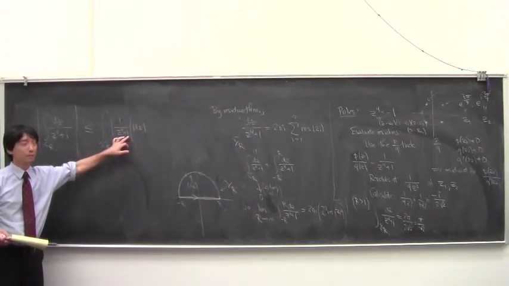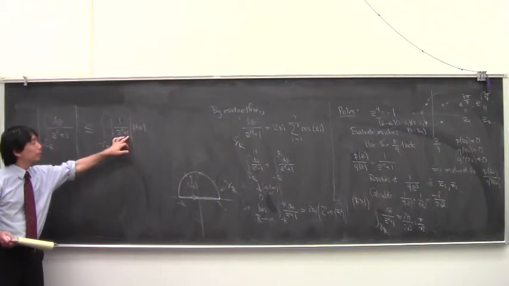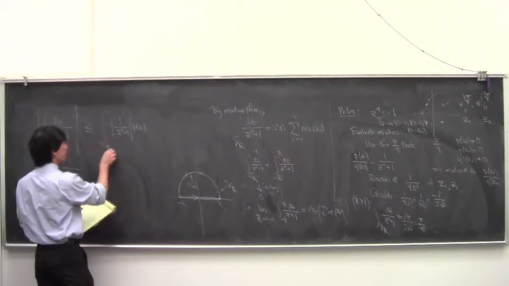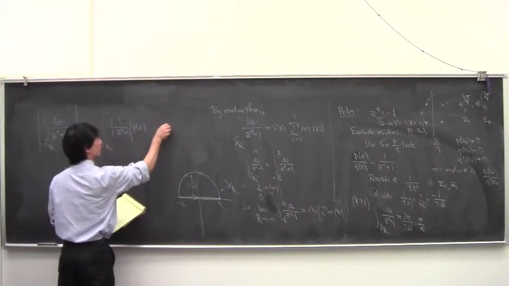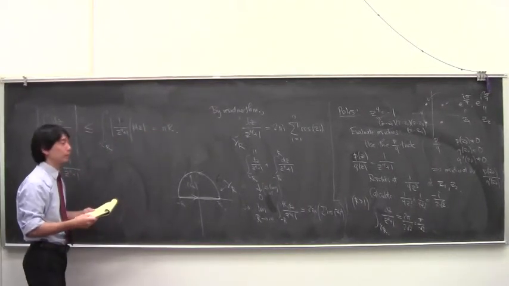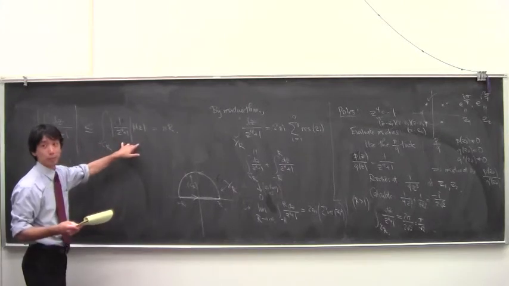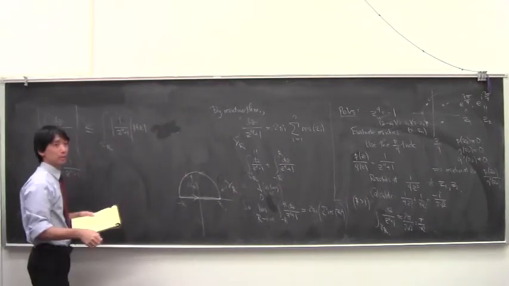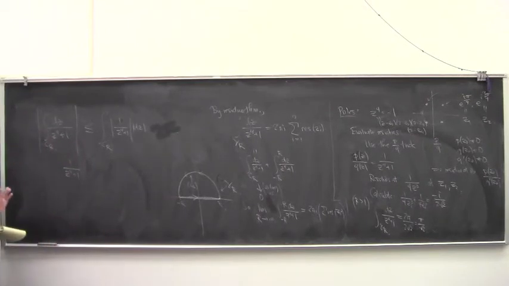Michael? 1, certainly that would be bounded by 1, but then we would have 1 times pi r, which wouldn't be so good because as r goes to infinity, that goes to infinity. So that's not so good.